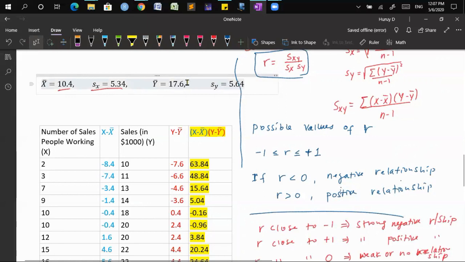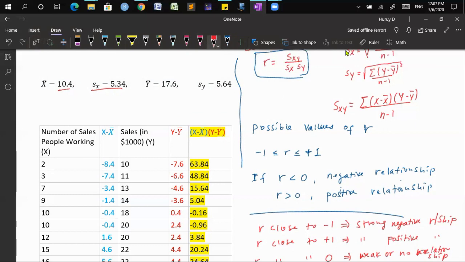So here is the summary, the means and the standard deviations of each of them.